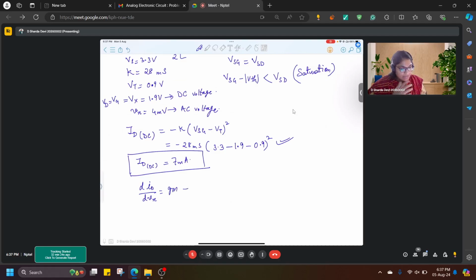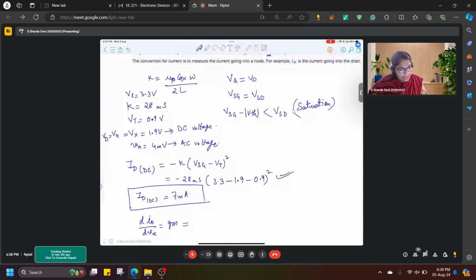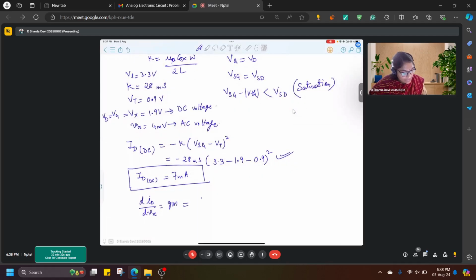This is known as gm, the conductance. This conductance can be found by simply differentiating this formula, so it will be minus K times 2 times (VSG minus VT).